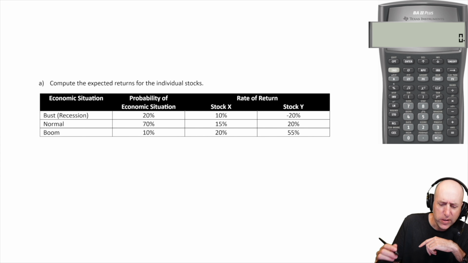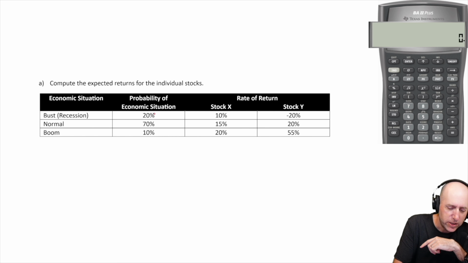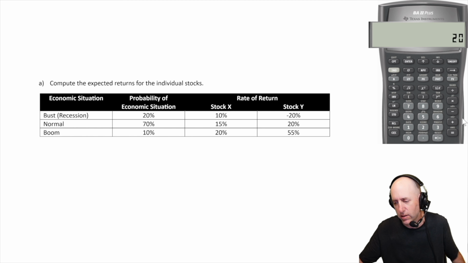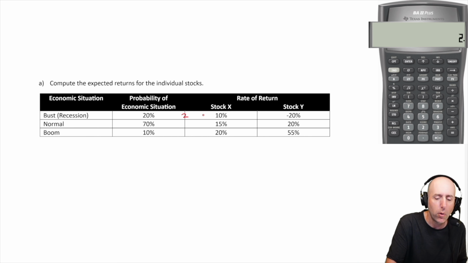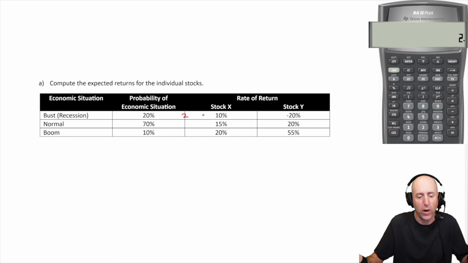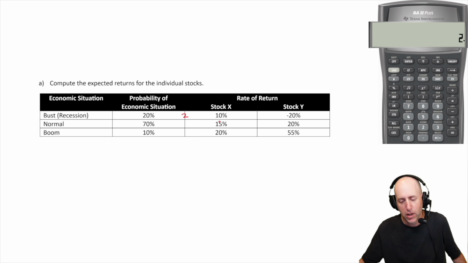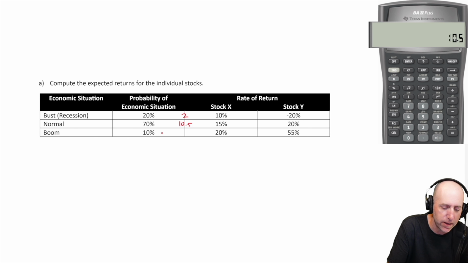So what's the expected return of stock X? Well, the way you would do this, you'd say there's a 20% chance that we're going to get a 10% return. You just multiply those two, 20% times 0.1, and that equals 2. Now the 2 doesn't mean much, but we take the sum of these things and get a weighted average. 70% chance of a 15% return, so 0.7 times 0.15, is 10.5, and 10% chance of a 20 is 2 again.